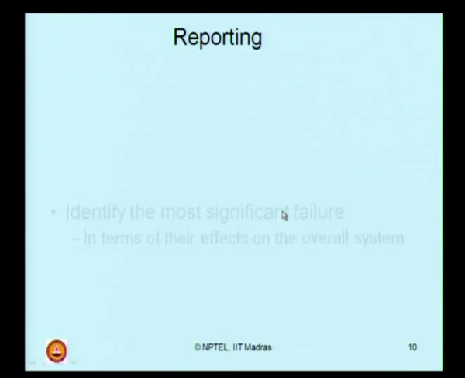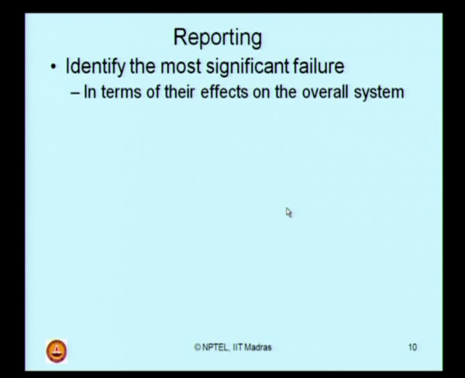How do you report once you have identified all these things? Amongst the identified failure modes, select the most significant failure. You may ask me, significance with respect to what? In terms of their effects on the overall system. That is why we said sequential analysis.